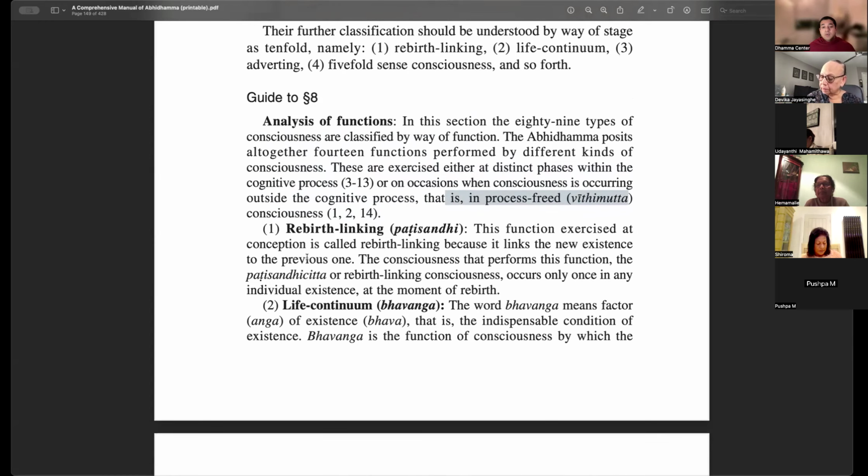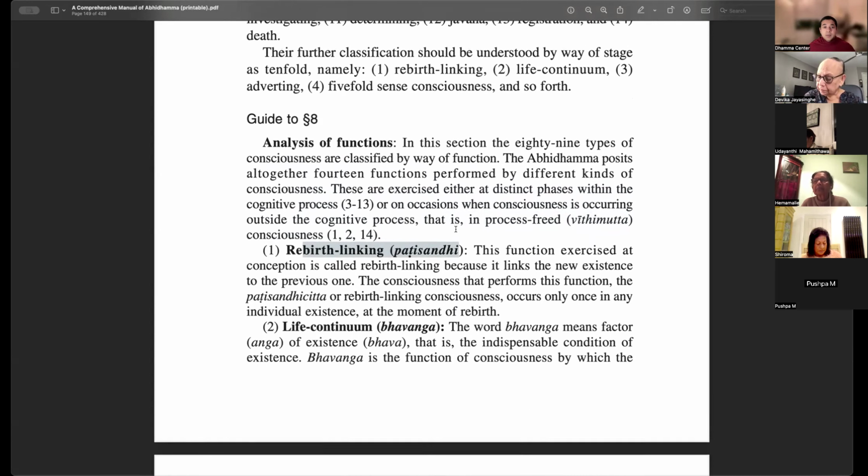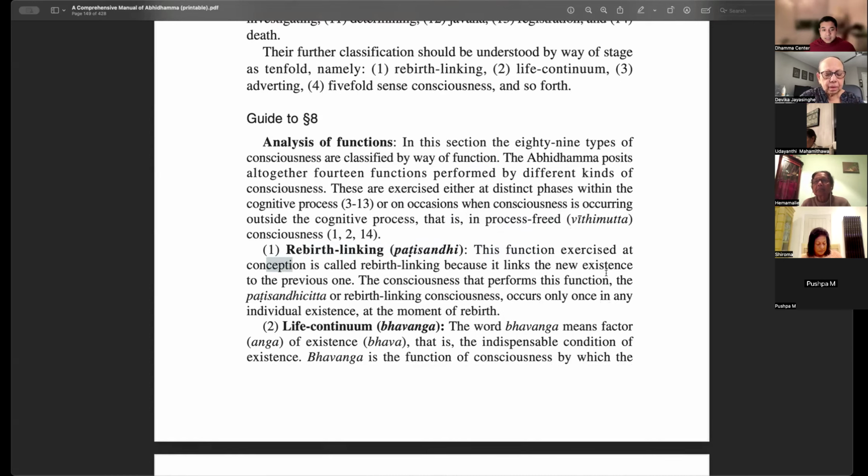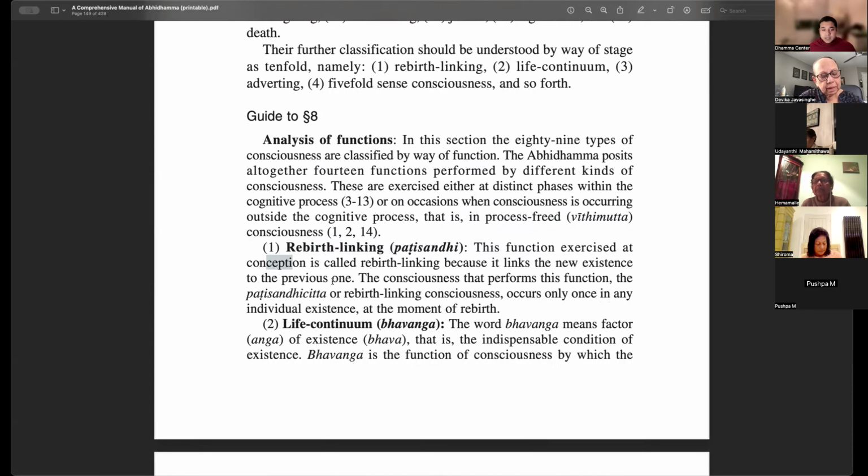Now, rebirth linking, patisandhi. The patisandhi consciousness, this function exercised at conception, is called rebirth linking because it links the new existence to the previous one.